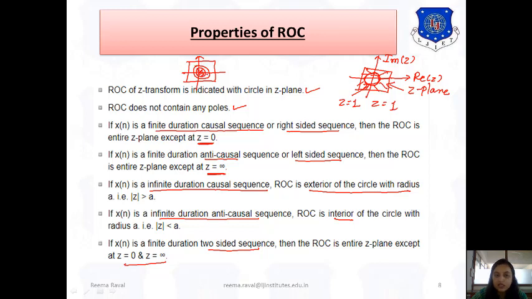That means this region will not be there, Z equals 0 and Z equals infinity are not considered, but only a ring is considered for that. Okay, so these are the basic properties of ROC. Now let us see the example to find the ROC.